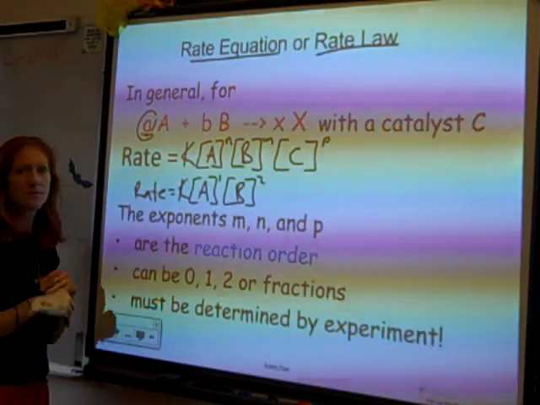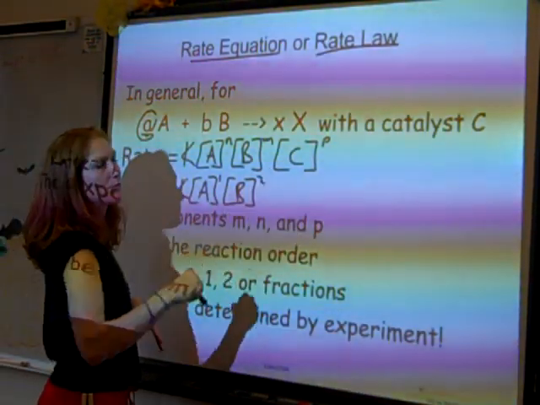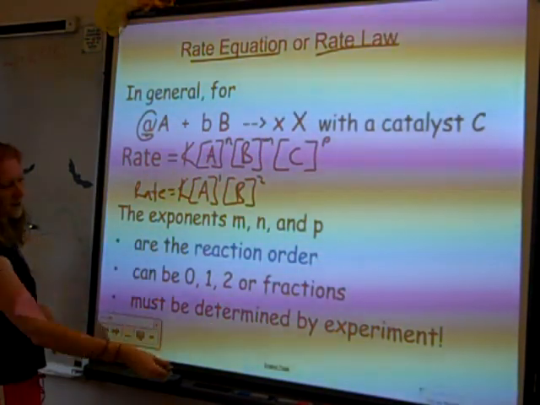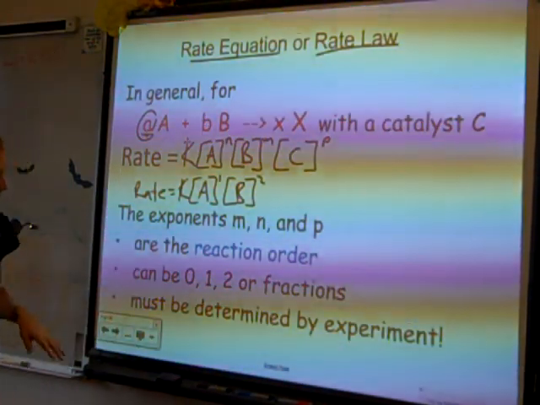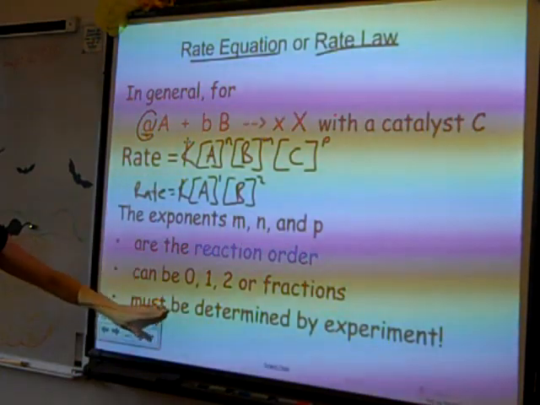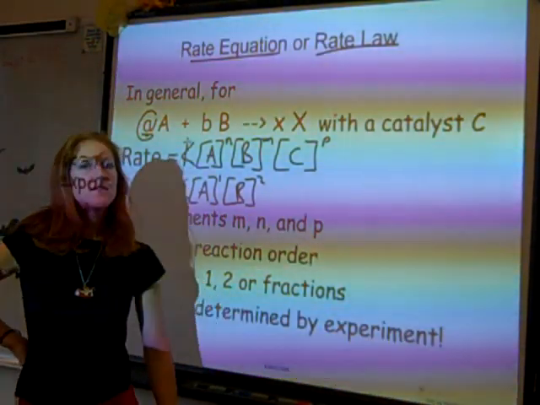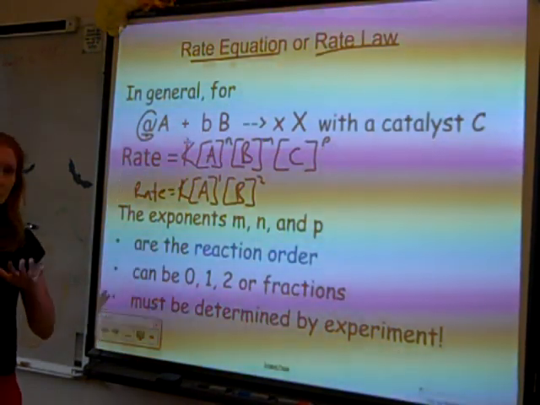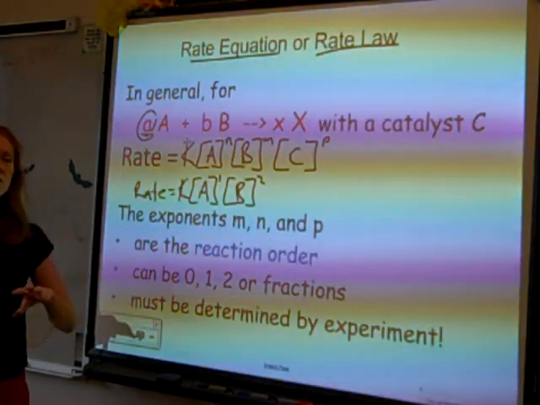I just add those up. And then it would be 0 order with respect to that catalyst, so it's unlikely that a catalyst is going to affect the rate. And the only way you can actually figure this out is you have to do an experiment. So you actually have to go to lab, double the concentration, keep everything else the same, and see how doubling that concentration affects the rate.